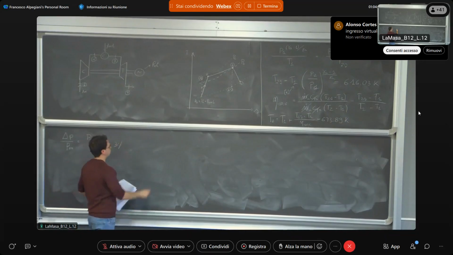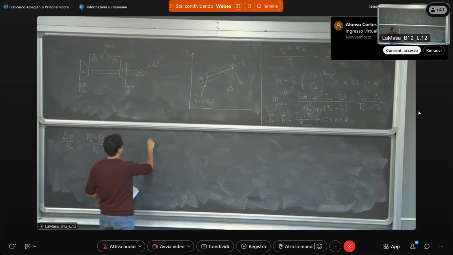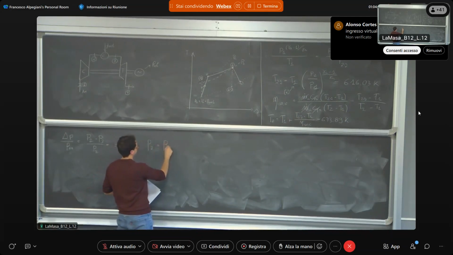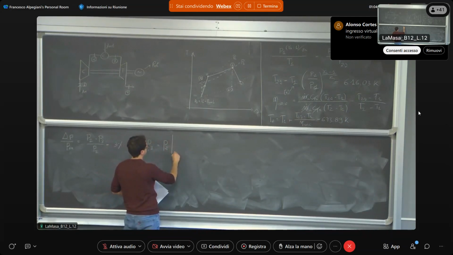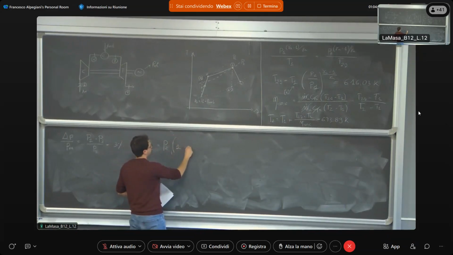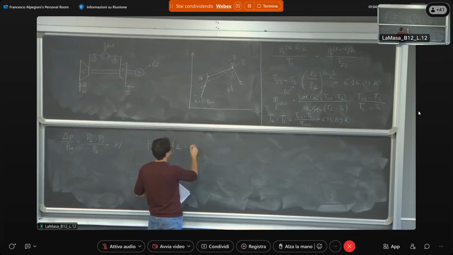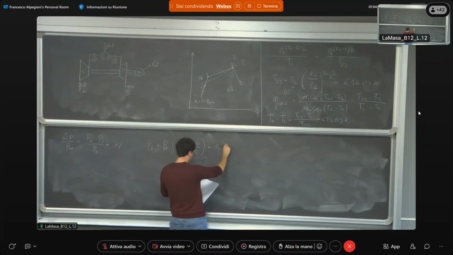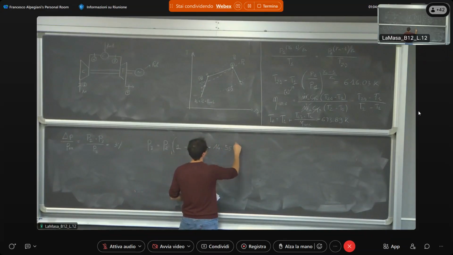Okay, so we can write that in P3 the pressure will be equal to P2 times 1 minus the relative pressure drop, which is equal to 3%, so delta P over P2, and this comes equal to 14.55 bar.